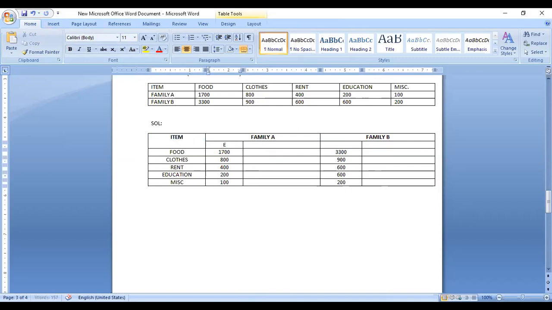This is expenditure and this is angle in circle. We have to show in a circle now. So angle I have to take.